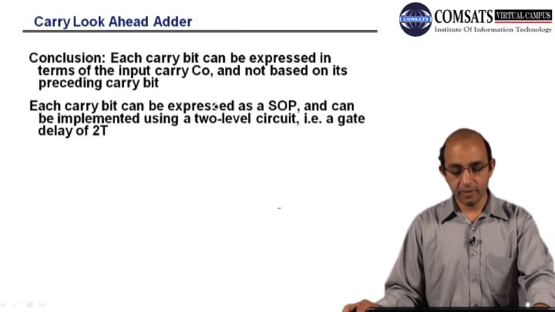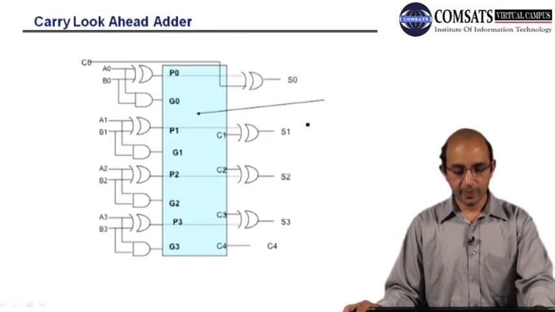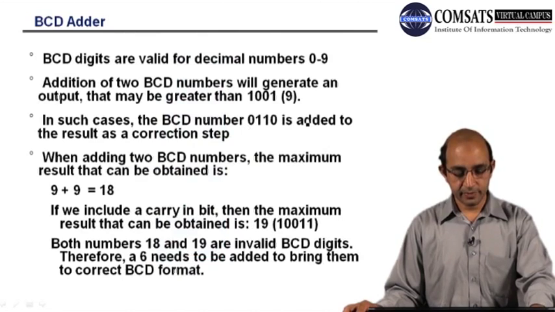And each carry bit can be expressed as a sum of the products and can be implemented using a two-level circuit. So if you look here, you can implement this by using a two-level circuitry, sum of the products. So this is the circuitry, carry look ahead adder.